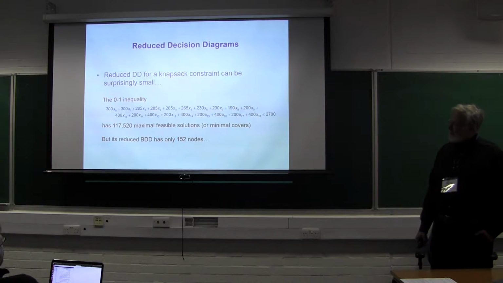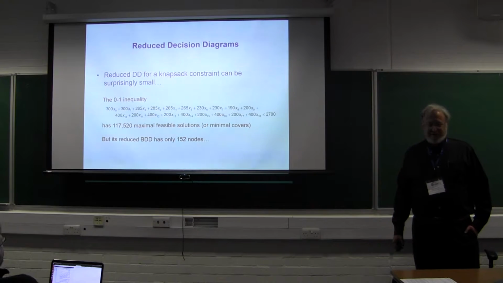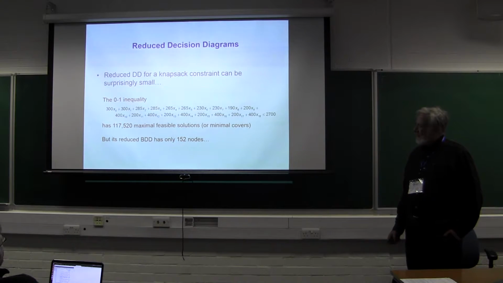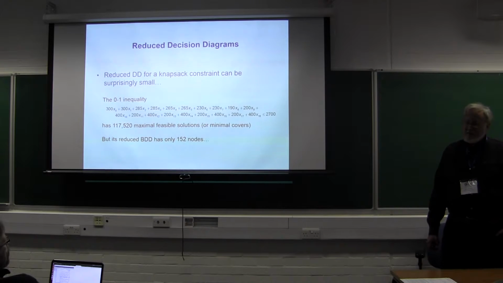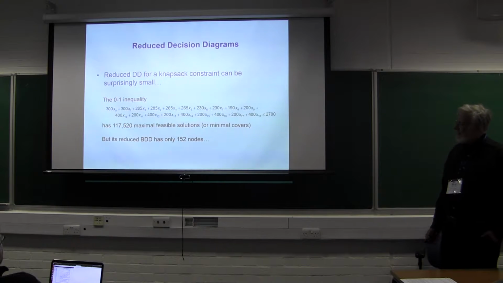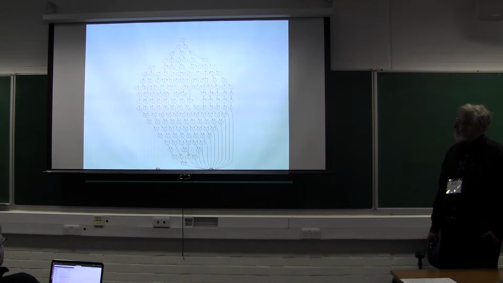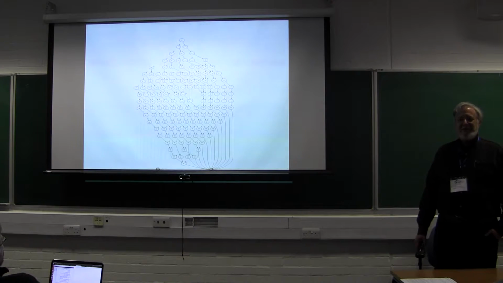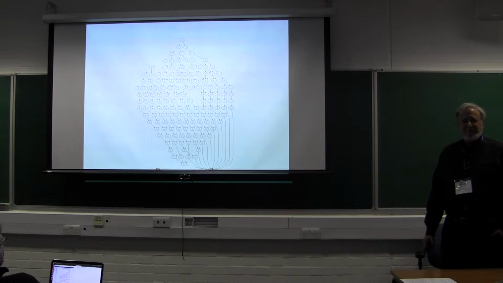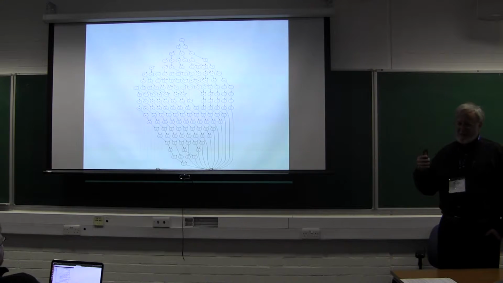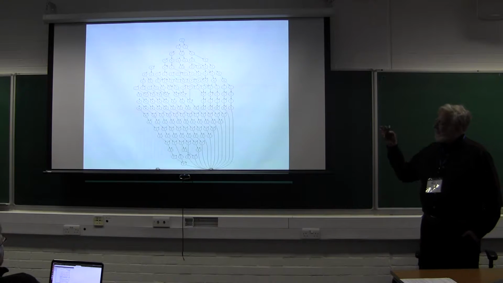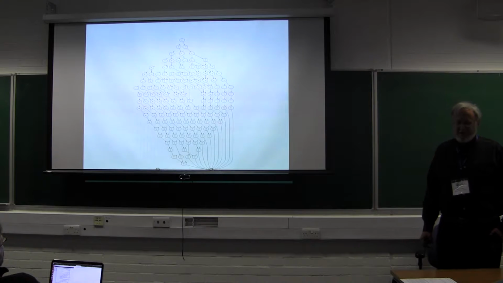And the feasible set for this constraint is very complicated. In fact, it takes basically 117,000 bits of information to represent the feasible set in a minimal way. The BDD that represents it looks like this. It's fairly small. Unfortunately, if you have multiple inequalities and try to conjoin them, these things explode in size.